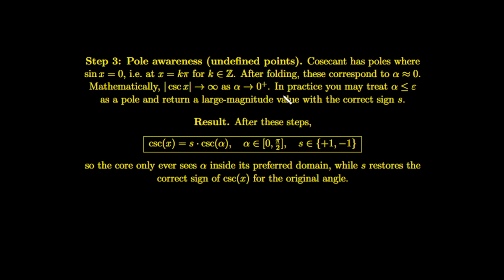So what we want to do then, in practice, is treat the value alpha as being less than or equal to some defined value epsilon. This epsilon value is going to be in effect defined by our floating point numbers. So we've got a 16-bit floating point number.